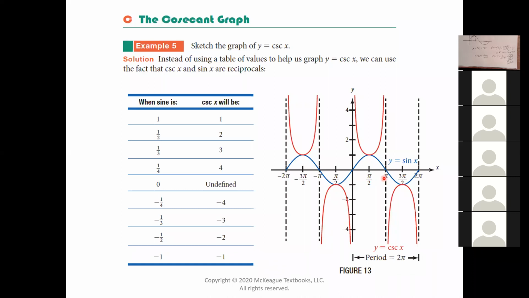At 1 pi, cosecant's undefined. 2 pi, cosecant's undefined. 0 pi, -1 pi, -2 pi.